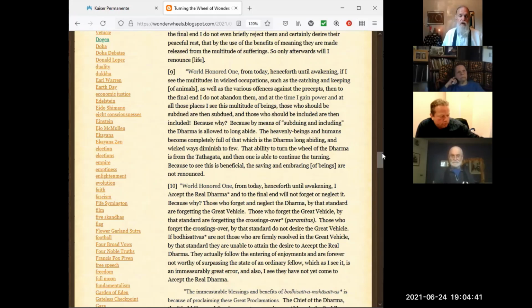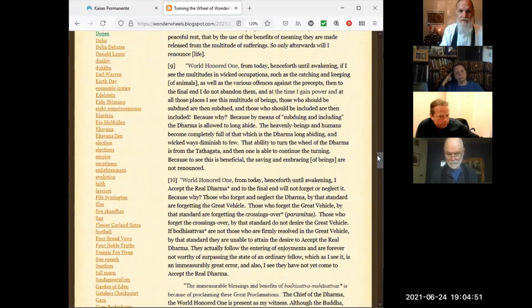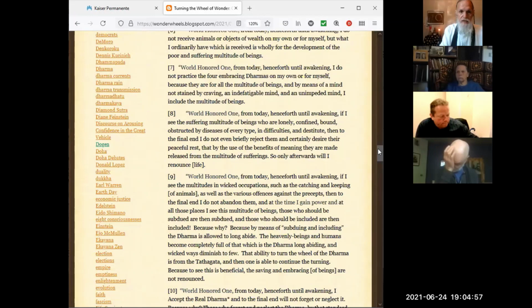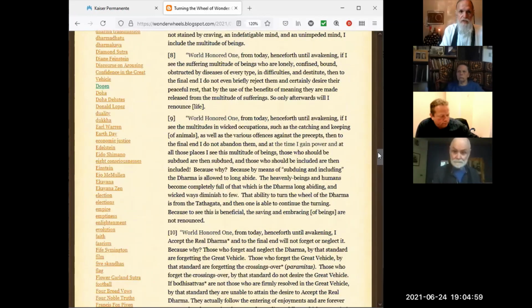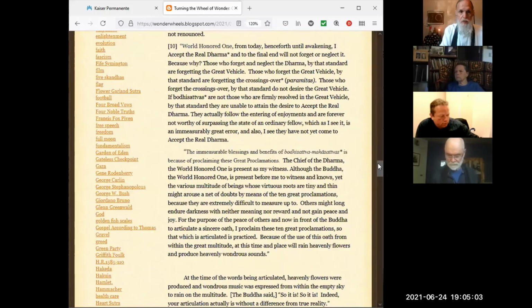So those four are, again, relating to beings who are doing odd things, wicked things, violating the precepts, people in their suffering, and people that we're trying to teach the Dharma to or share the Dharma with.